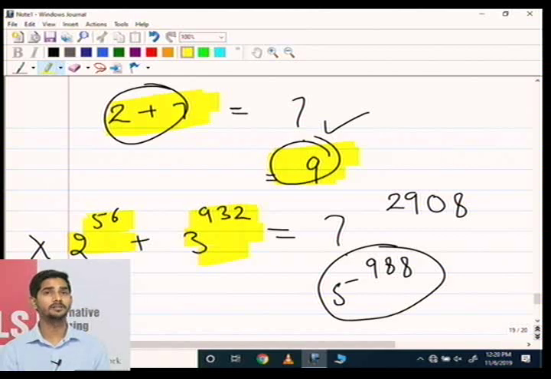I have told you once to start solving the previous years' NEET question papers. Start with 2006, sit for 3 hours, observe how much score you are getting, and share with your faculties that I am getting this much score, how can I improve upon it? But I'm sure that nobody has done that.